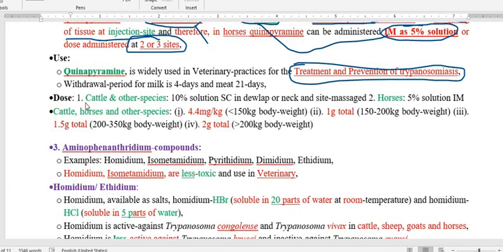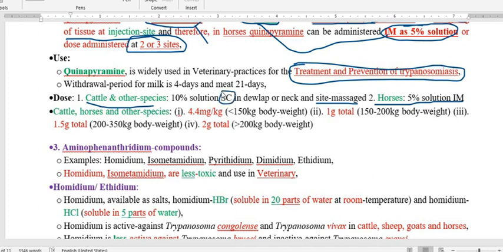Quinapyramine is used, as we already discussed, for treatment as well as preventive measures for trypanosomiasis. The dose in cattle and other species is a 10% solution subcutaneously in the neck or dewlap region, and we have to massage the site after administration.